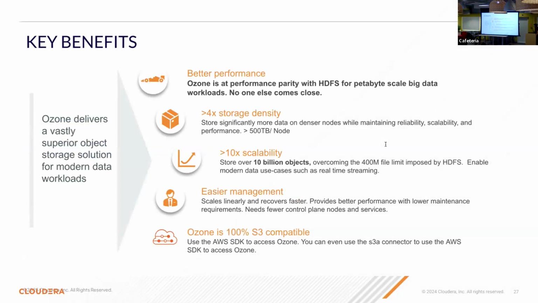And Ozone is also designed for use cases of extremely dense storage to support archival and infrequently accessed data, right? So what you really get from adopting Iceberg on Ozone is better performance, 4x better storage density, 10x scalability. If I have the data correct, we support up to 400 to 600 TBs per node.